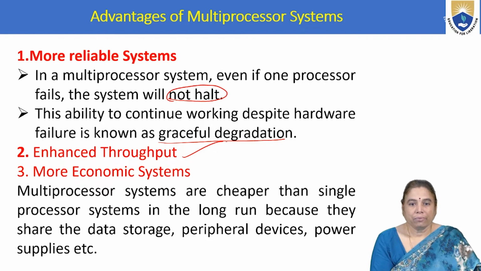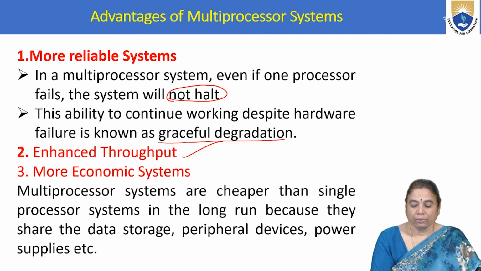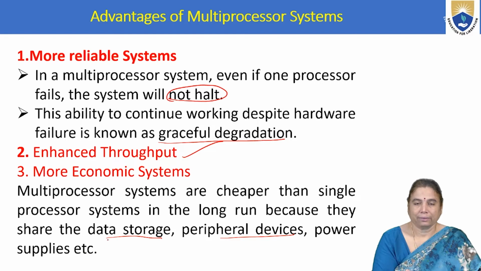The next advantage is more economic systems. Multiprocessor systems are cheaper than single processor systems. Why? Because they can share data storage, peripheral devices, power supplies, etc.